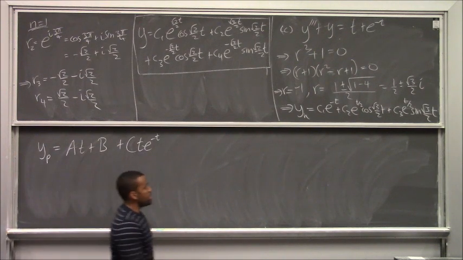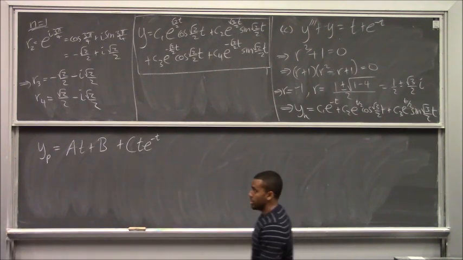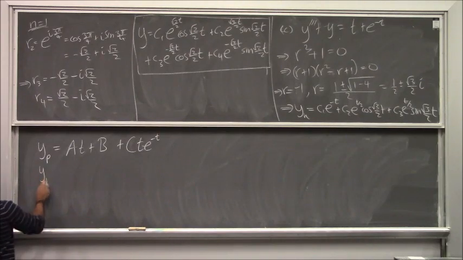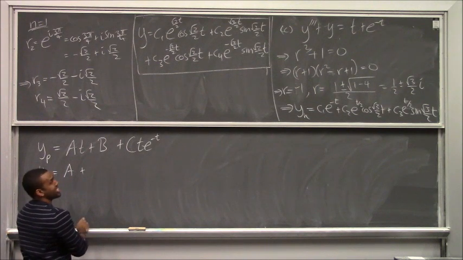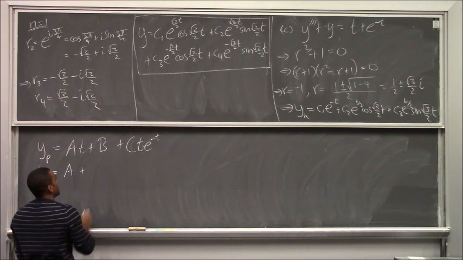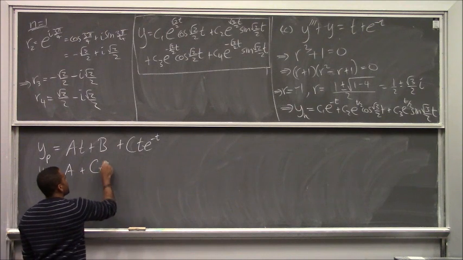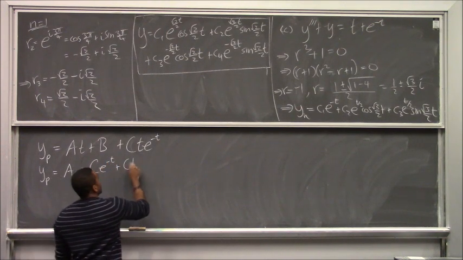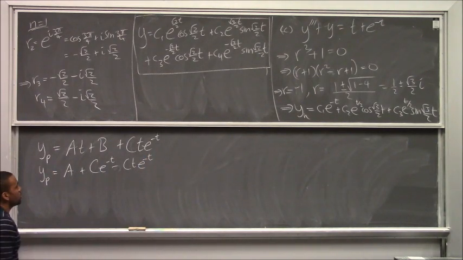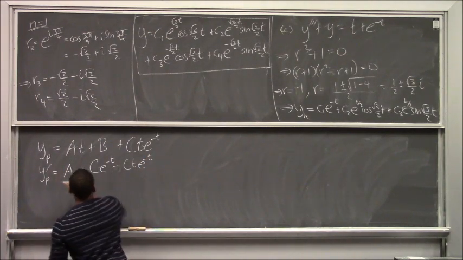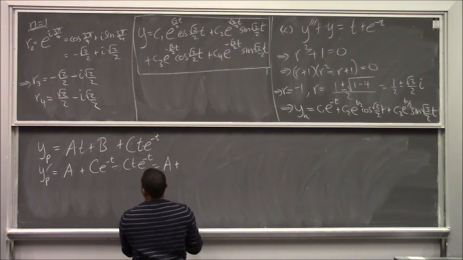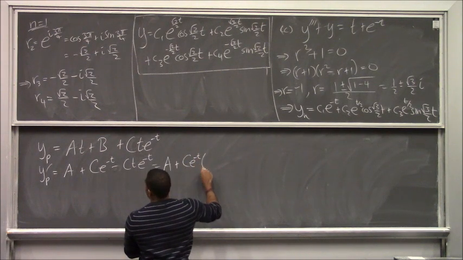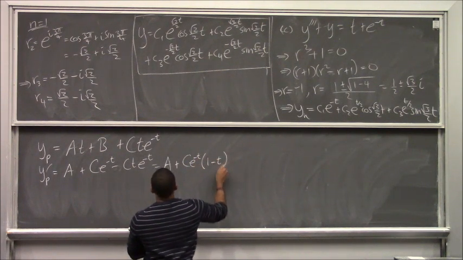Now I want to find A, B, and C. How do I do that? Differentiate it thrice. So differentiate the t, leave the e to the minus t, plus leave the t, differentiate the e to the minus t. This is a prime, which I can write as A plus C e to the minus t times (1 minus t).